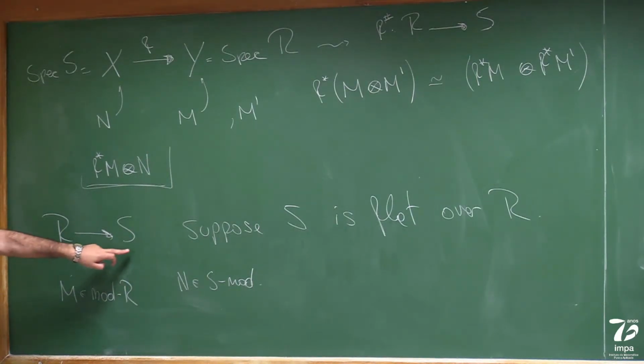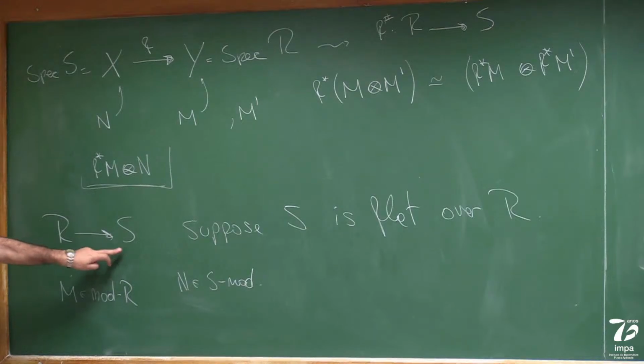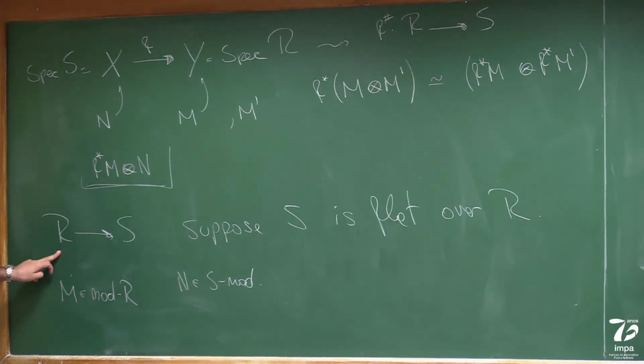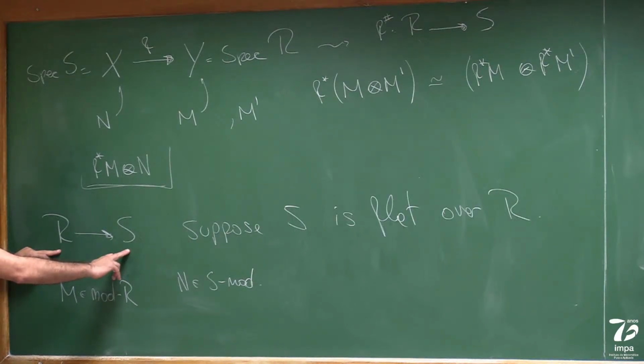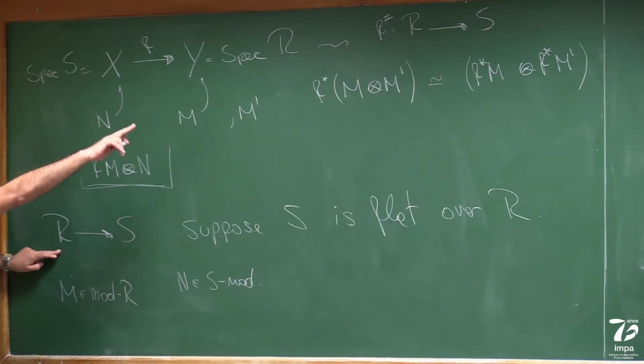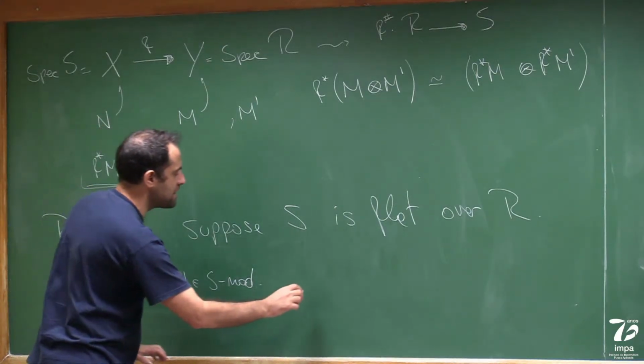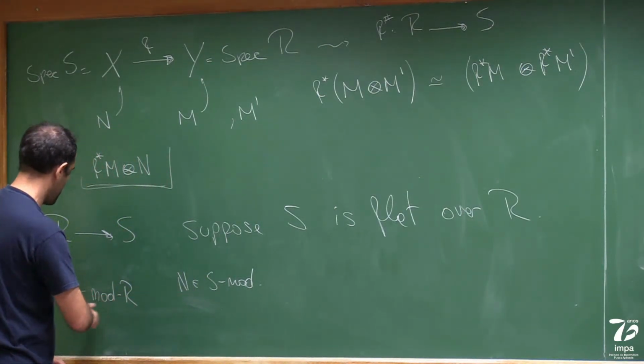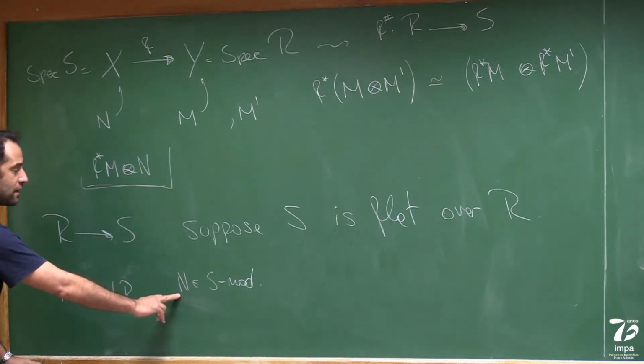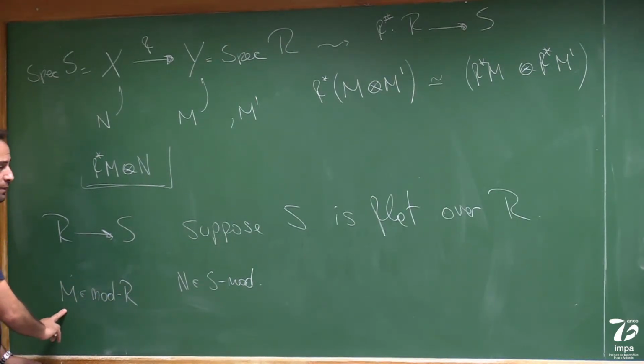Now, whenever I have an S module, it's automatically an R module. But what is not true is that any R module is automatically an S module. I need to pull it back. So that was this pullback F. So one thing I could do immediately is look at N, which is an S module, as an R module.